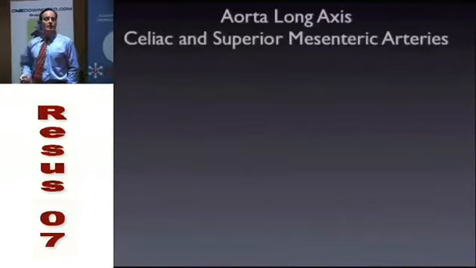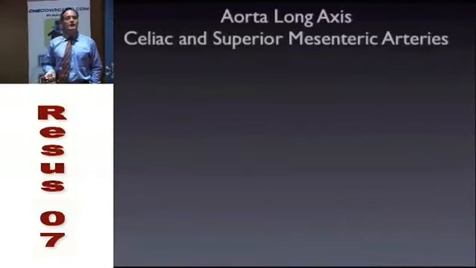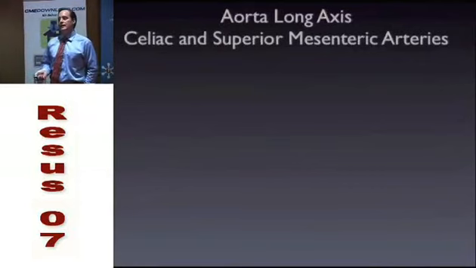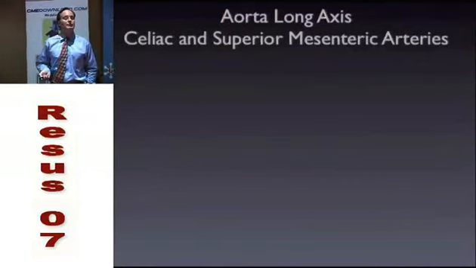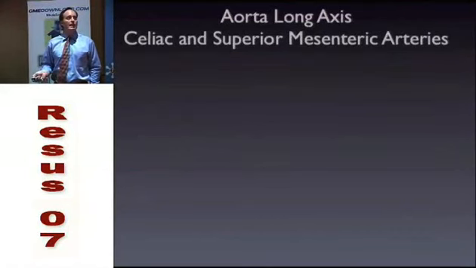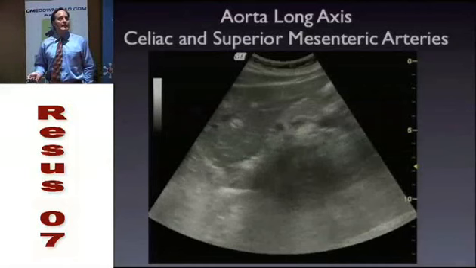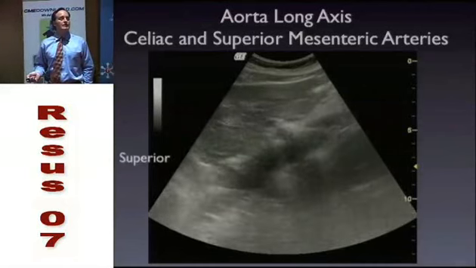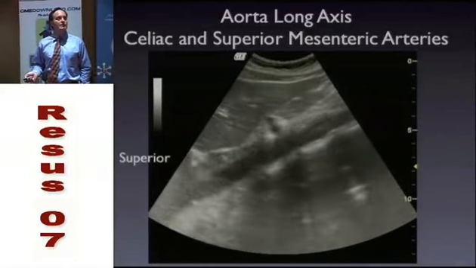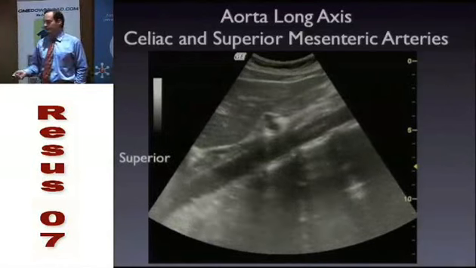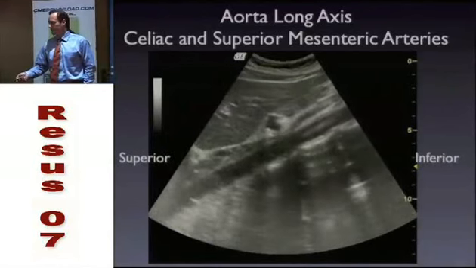But before we do that, let's just make sure that we can also realize that we can image the body in 2 planes. And I think John showed that earlier today, that we can image both in short and in long. So this is just a long axis view coming up. And what I'm going to show you here is the long axis of the aorta from superior to inferior. Okay?